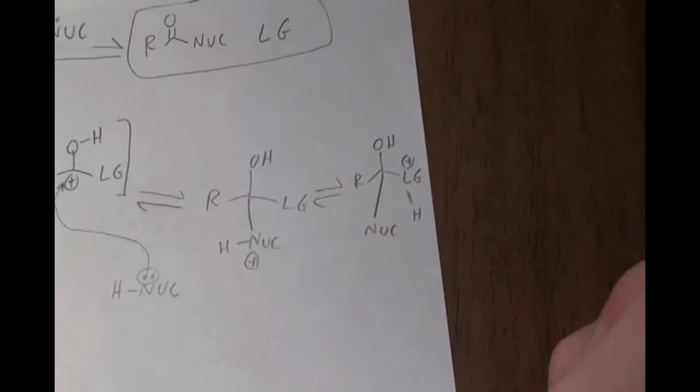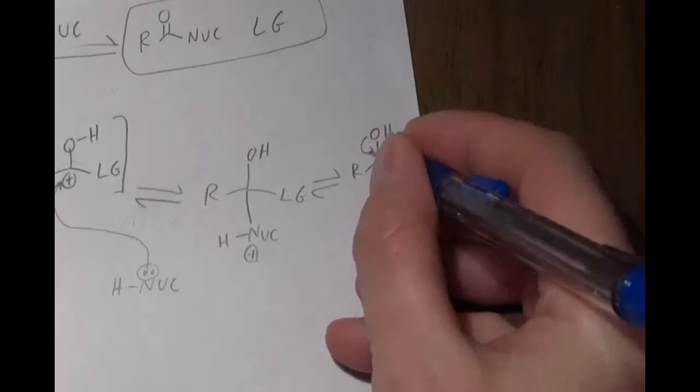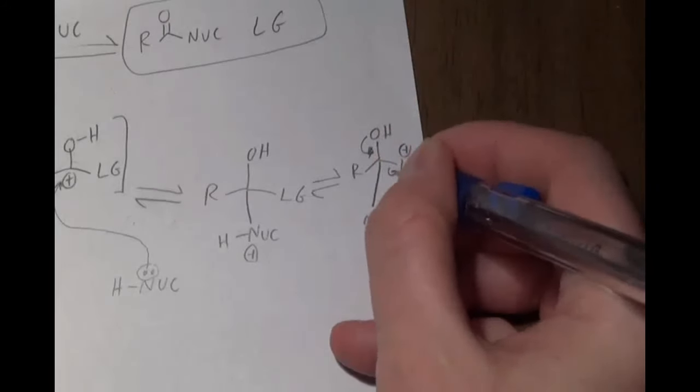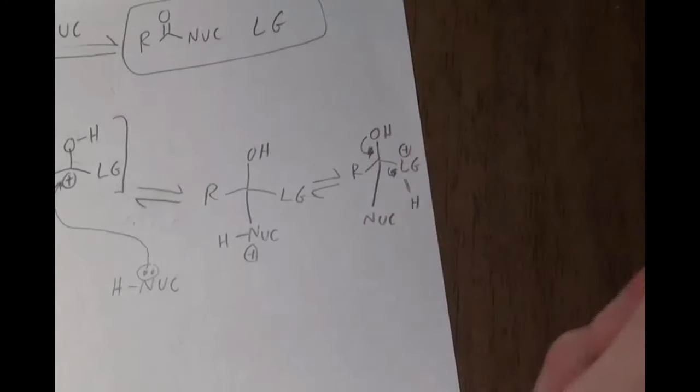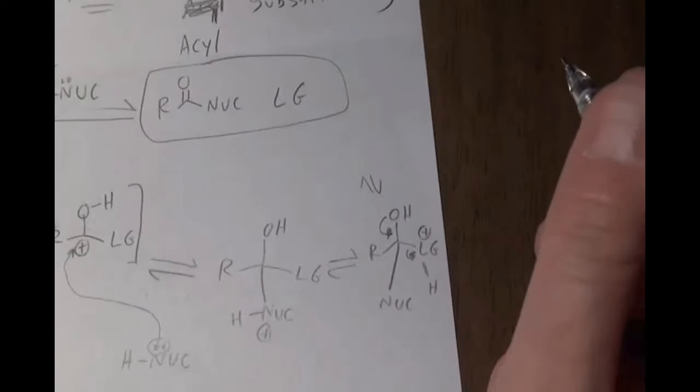Now the leaving group has an extra proton on it. It's maybe a better leaving group. Now we kick it off with the oxygen. Cool? Alright, so the oxygen kicks off the leaving group. What does that give us?